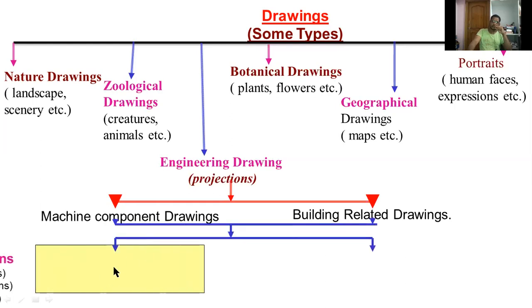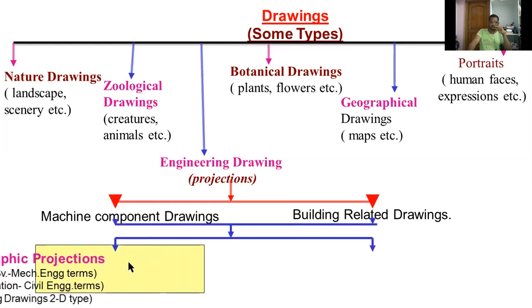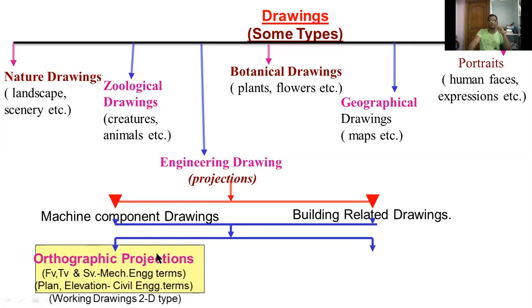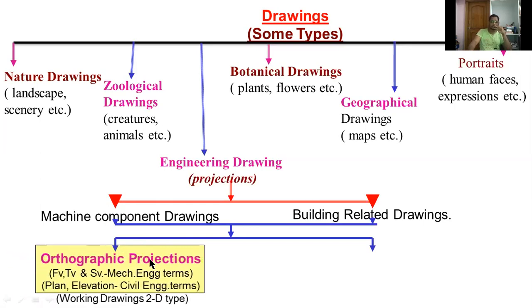Now mechanical engineers use orthographic projections as well as isometric projections. These are the terms used by mechanical engineers: the front view, top view, and side views. Whereas civil engineers use plan, elevation and side views.